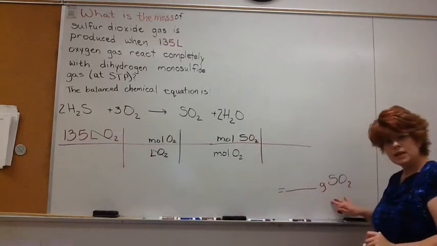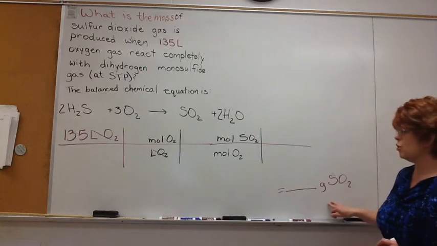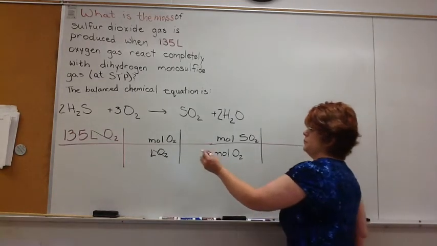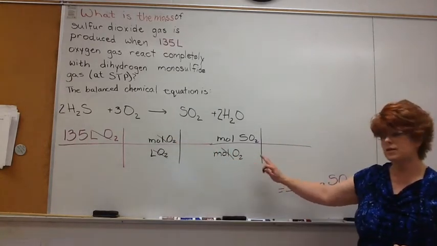You see how I'm always keeping my end in sight. This is my goal for units. So I'm working with the units right now to get to the right units in the end. If I were to stop here, my answer would have units of moles of SO2.